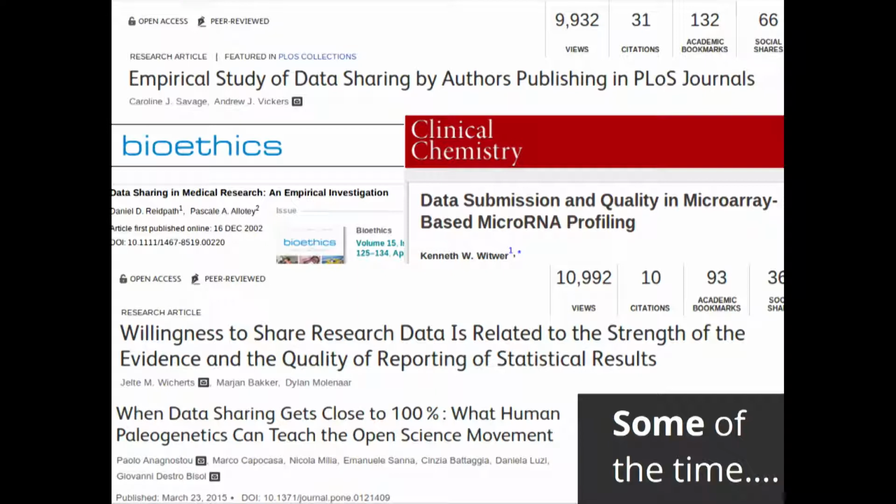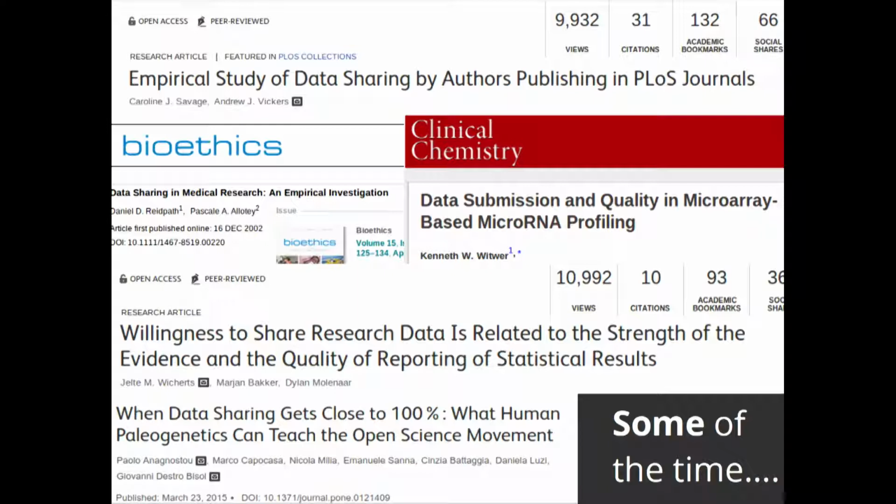It was much less likely to get data from authors where their result was very, very close to p equals 0.05. He doesn't make any causal suggestions based on that in his paper, but he does say that there is a correlation between the strength of evidence, the quality of reporting of statistical results, and the willingness to share research data. So there's some interesting work out there.